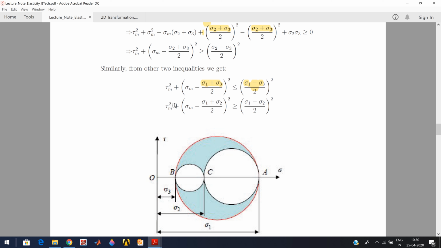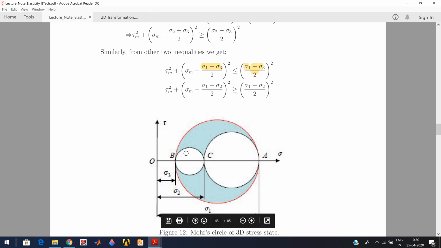Whereas for the third one, we have the center sigma 1 plus sigma 2 by 2, and the radius is sigma 1 minus sigma 2 by 2, and the points will be outside this circle. So if I have the sigma and tau axes represented in this way, x and y respectively, then the principal stresses sigma 1 here, sigma 2 here, and sigma 3 here.